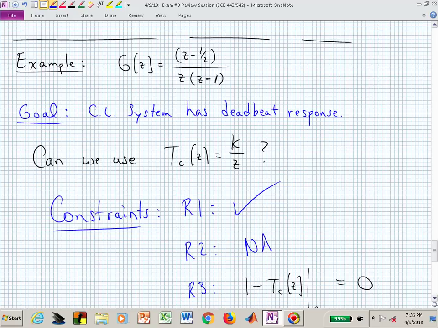This is like integrators in the analog case. Now we're looking for poles at z equal to 1. Do we have any poles at z equal to 1? Open loop poles. Yeah, we had one in G of z in our plant. Our plant actually possessed a pole at z equal to 1. That's going to give us good steady state accuracy due to constant inputs.